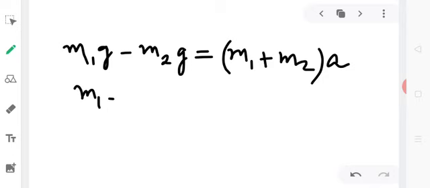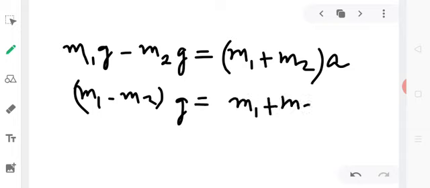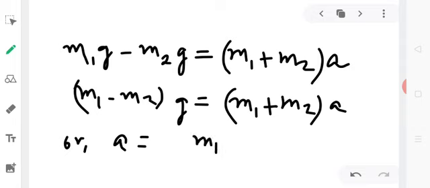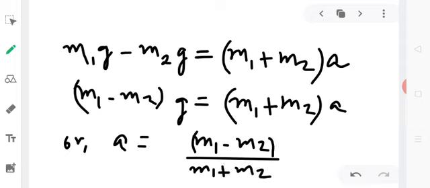So m1 minus m2 times g is equal to m1 plus m2 times a, or we get a to be equal to m1 minus m2 divided by m1 plus m2 into g. Clearly, you can see that the acceleration is less than acceleration due to gravity. Acceleration of the system of two connected bodies is always less than acceleration due to gravity.